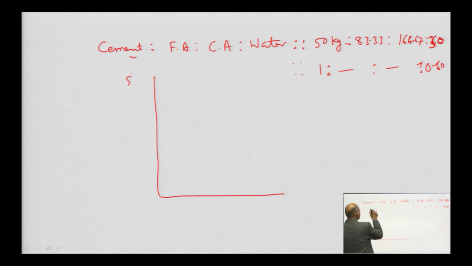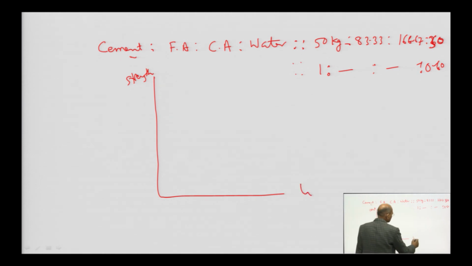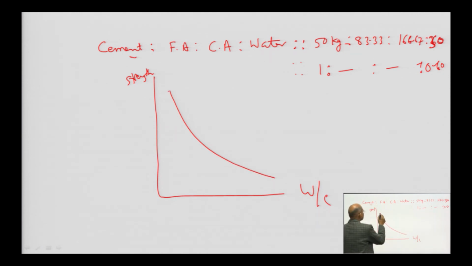Say this is our strength and this is the water cement ratio. The relation is just like this. If it is not compacted, then it will go like this.